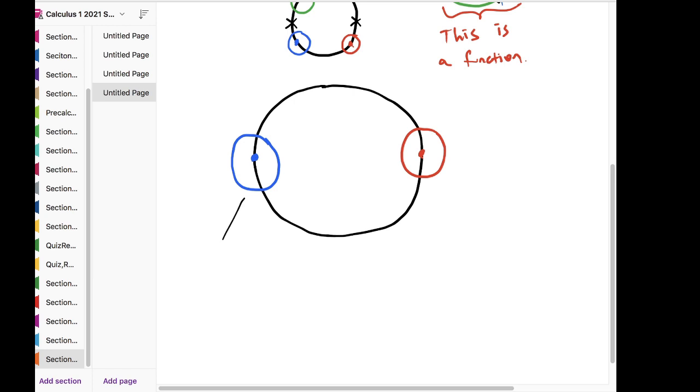So let's look at this. No matter how I draw this circle, it's always going to look like this around the east and west poles. That makes sense?